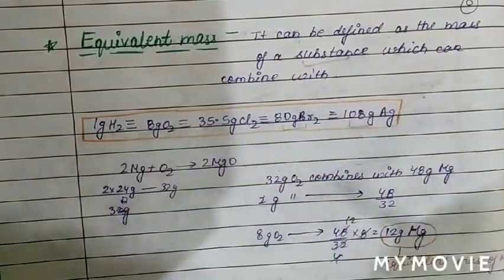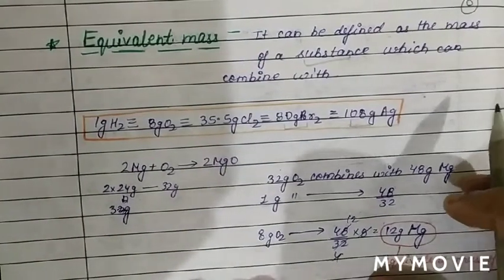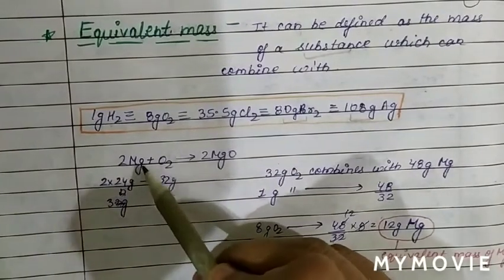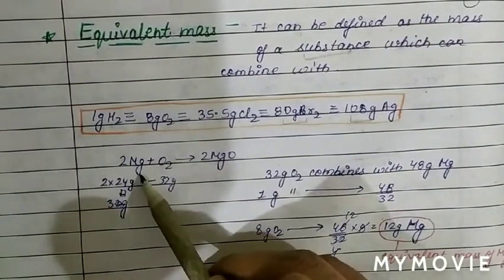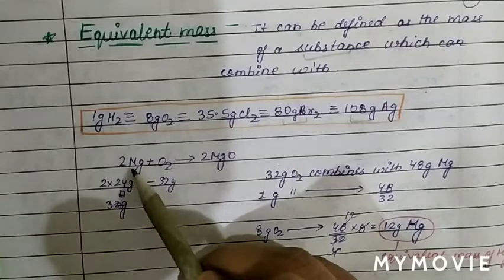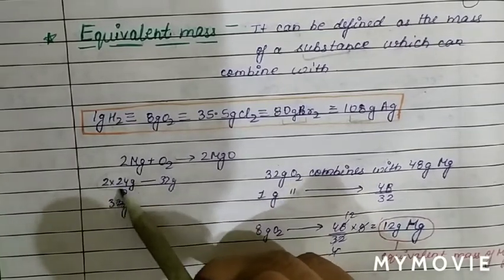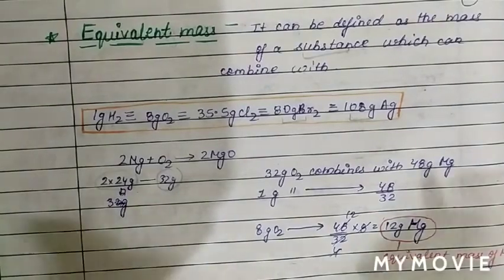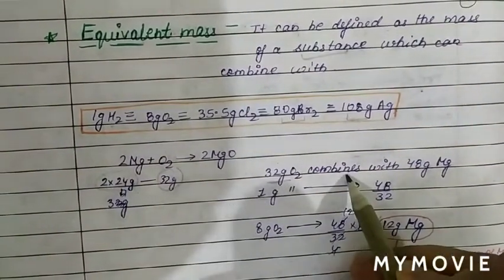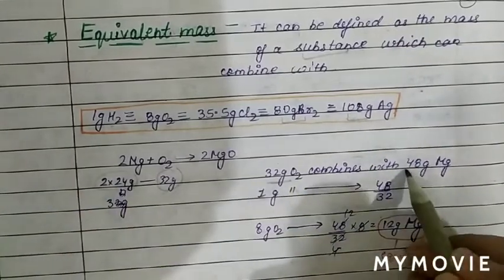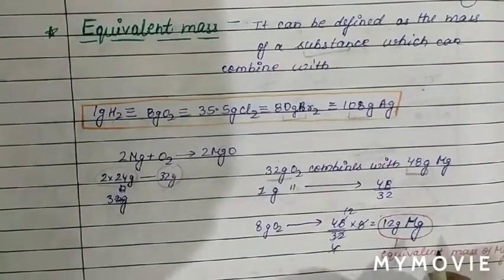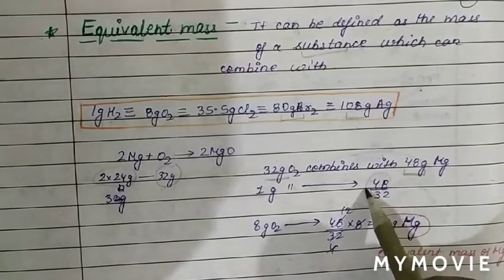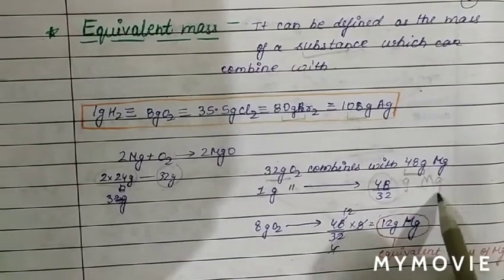So reference elements are taken here for equivalent mass. Now see example. According to reaction we can see that 2 into 24 gram, basically 48 gram magnesium requires 32 gram of oxygen. As we can see that 32 gram of oxygen combines with 48 gram of magnesium. So basically 1 gram of oxygen will combine with 48 upon 32 gram of magnesium.